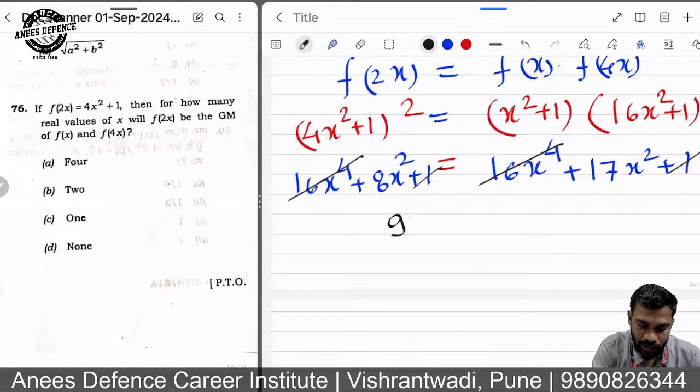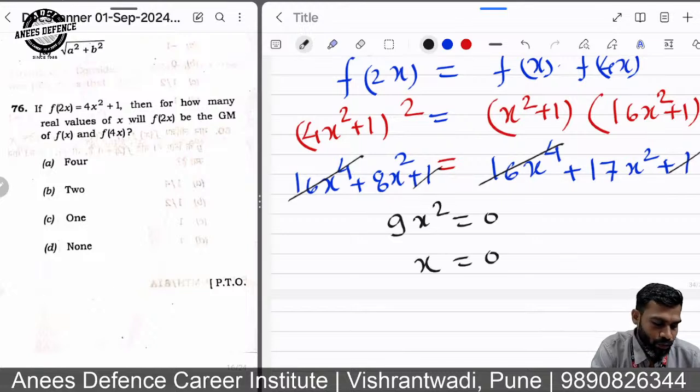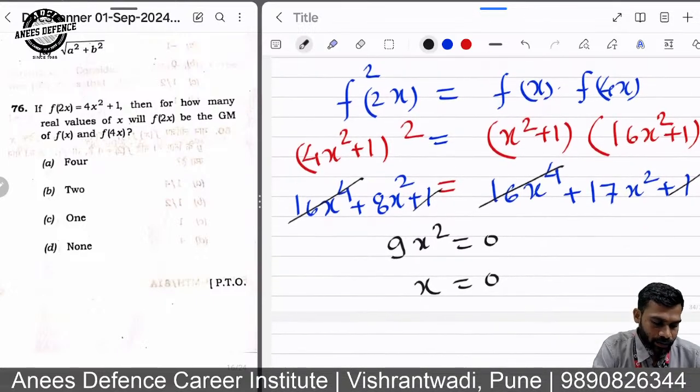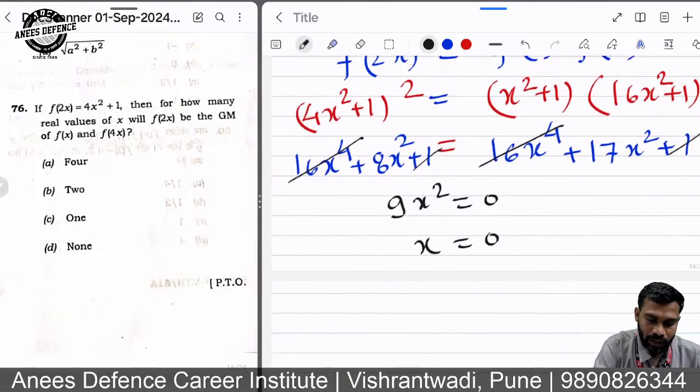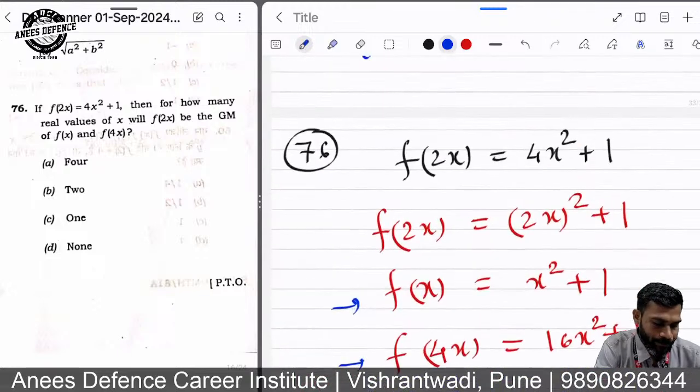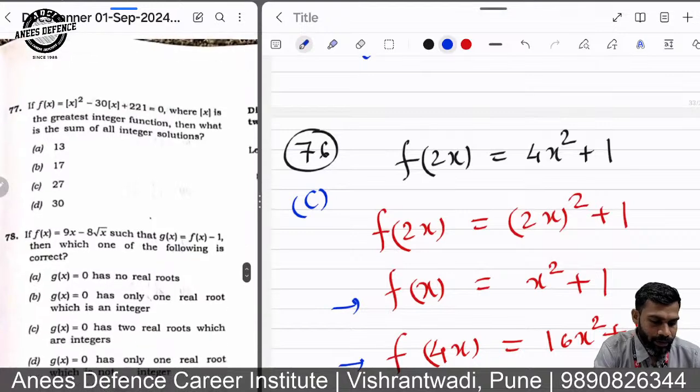So we have got 9x square is equal to 0. So x is equal to 0. So only for one value do we get this condition, which satisfies the given condition. So question number 76, the option will be C. Okay, next. Question number 77.